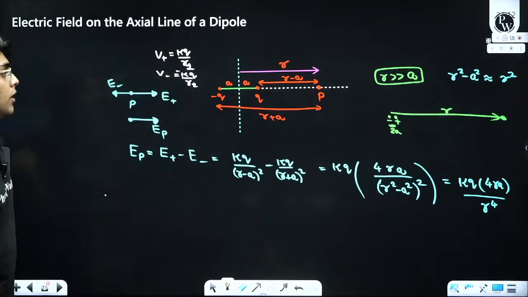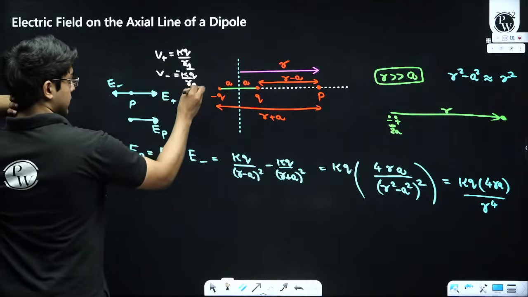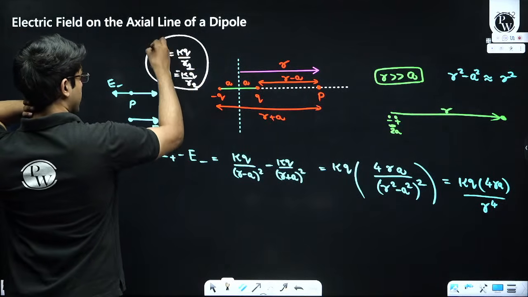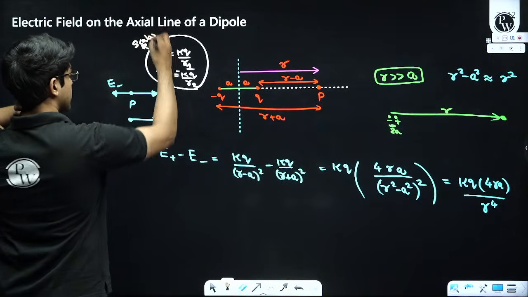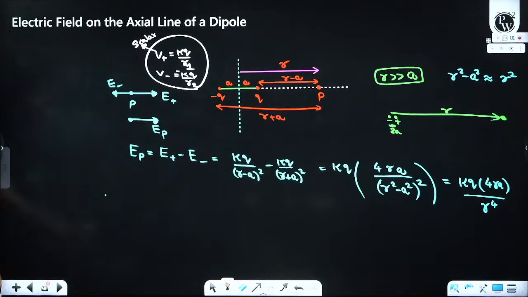In potential, you don't have to pay attention to direction because electric potential is a scalar, so there is no confusion there. We'll derive that later.